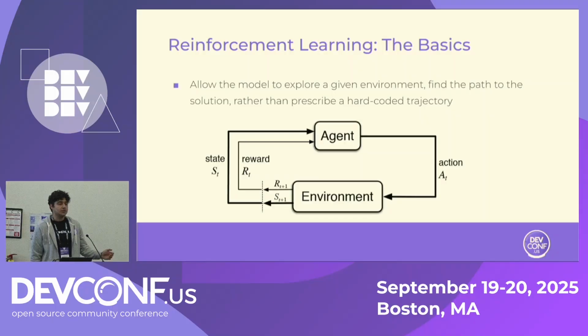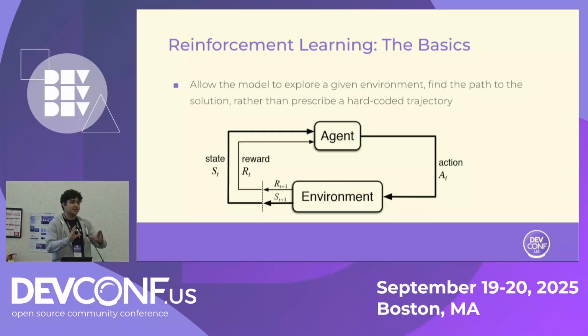So the basic flow is as follows. You have an agent in an environment, or in this case, let's say a model, and it's in a given state. Based on that state, it'll take an action. Based on that action, it will then receive a reward as well as an updated state. And then it'll begin that cycle again. The easiest way to think of it is take chess.